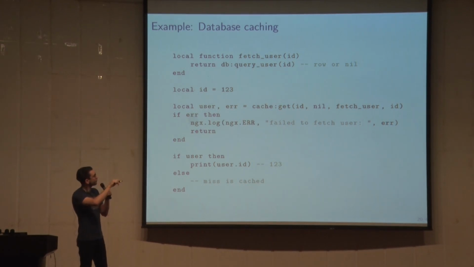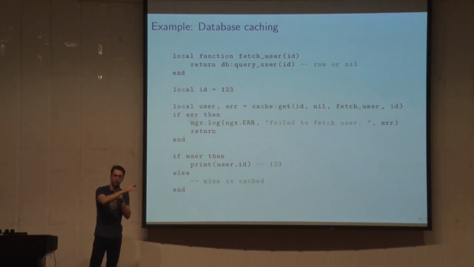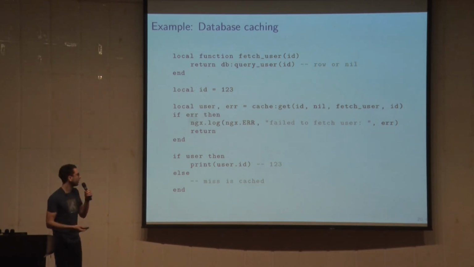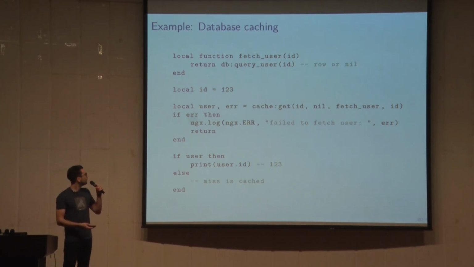The first argument is the cache key, the second is options, which doesn't matter here. And then finally we have the fetch user callback with the ID argument, right? Whenever mlcache detects a miss, so miss L1, miss L2, then we invoke the callback. And the callback will be invoked with the cache stampede protection and so on. So it's a very drop-in caching layer on top of your database I/O.